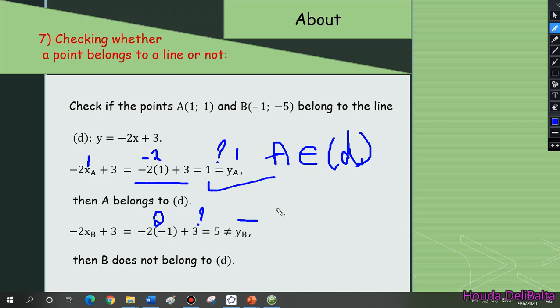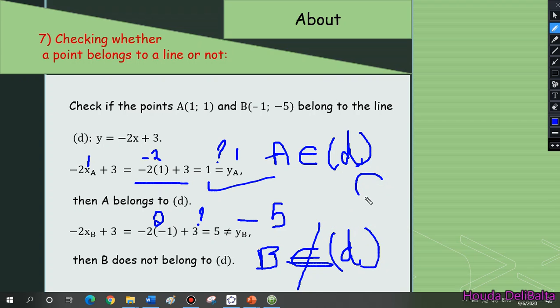But y of b is -5, and 5 is not equal to -5, even though the only difference is the sign, but they are not actually equal. That's why we say that B doesn't belong to D, and this is how we represent it. B doesn't belong to D. So belongs to has this symbol, doesn't belong to has this symbol.